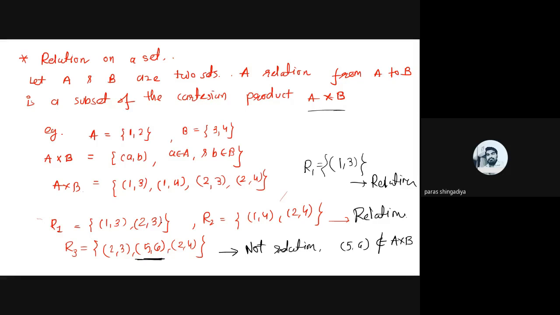Here it is (1, 3), so 1 belongs to A and 3 belongs to B. Here it is (2, 3), so 2 belongs to A and 3 belongs to B. So it is one type of ordered pair.